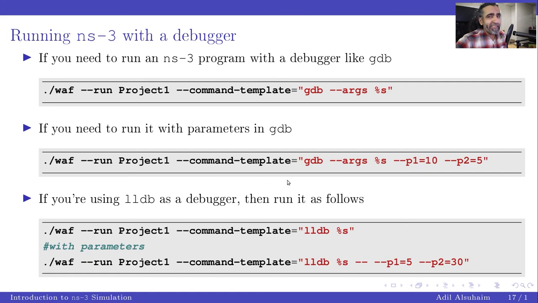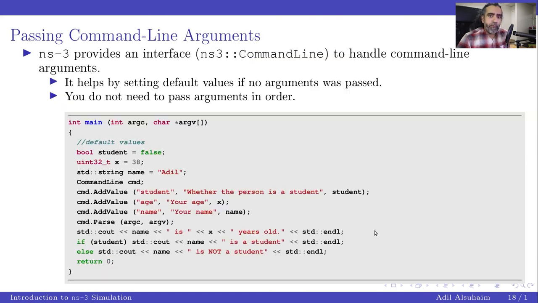If you're using the LLDB debugger, it's a little bit different. So you'll use lldb %s like that. Or if you have an argument, you do %s -- and then the argument. So in NS3, whenever you write a program, there is something called the command line class, right? And basically we could define here command line cmd, and then I'm going to define arguments that I can pass.